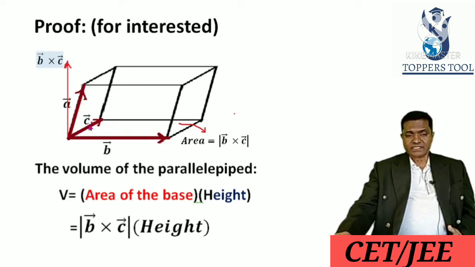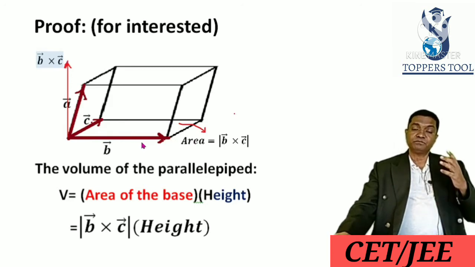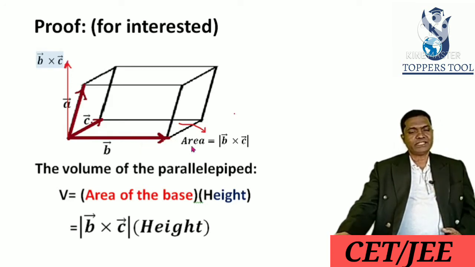The adjacent sides of this parallelogram are vector B and vector C, so the area of the base is the magnitude of vector B cross C.